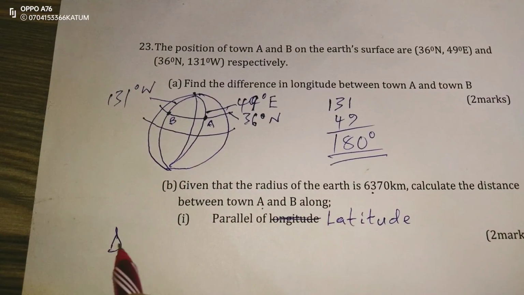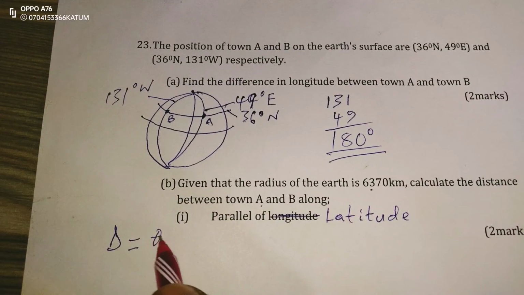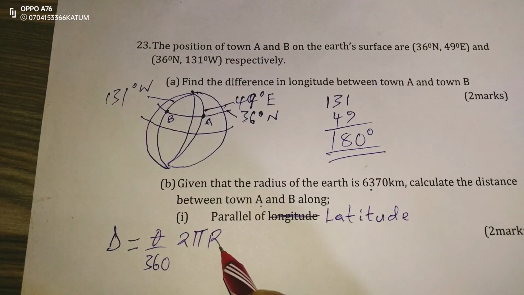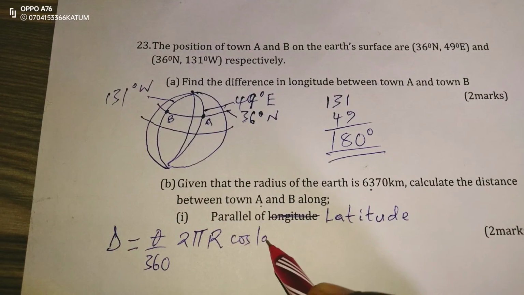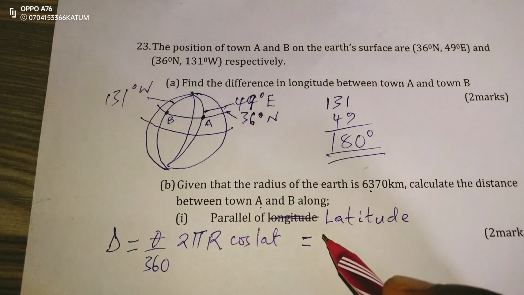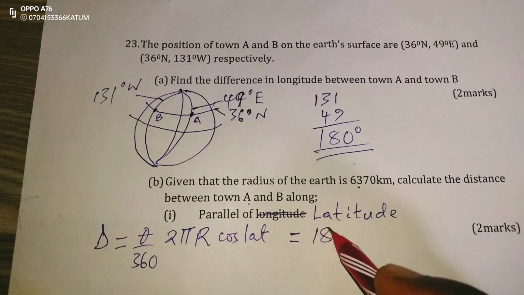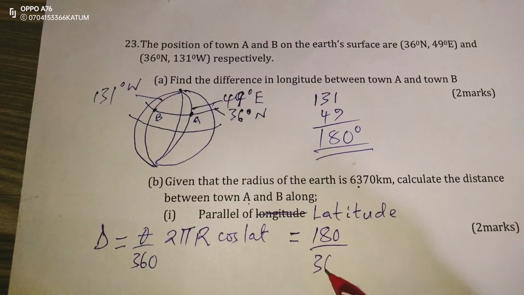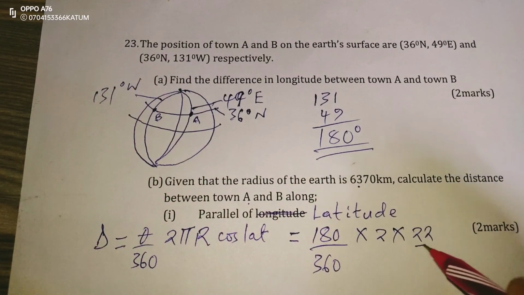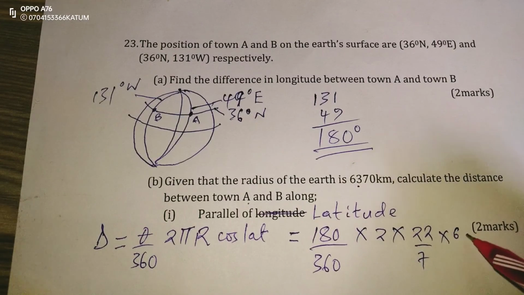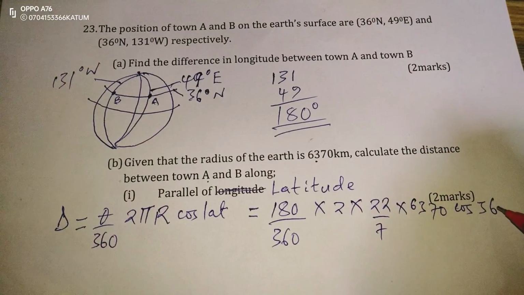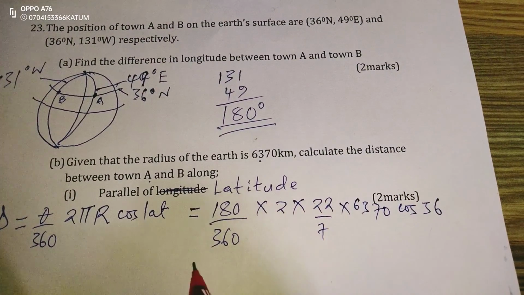In kilometers, the distance along a small circle is given by theta out of 360 times 2 pi r cosine of latitude. Theta in this case is the longitude difference, which is already calculated at 180. Divide by 360 multiplied by 2 multiplied by pi, 22 out of 7, r 6370, cosine of 36, because they are on latitude 36.